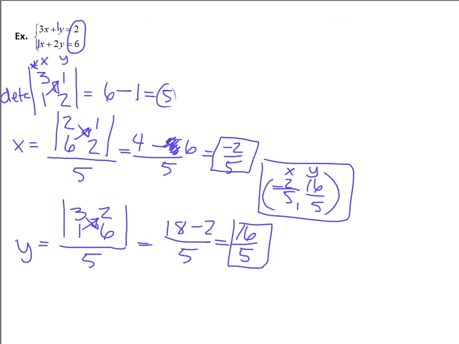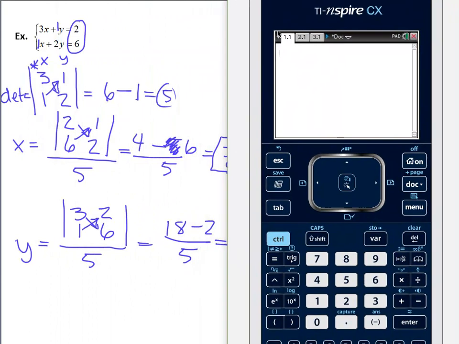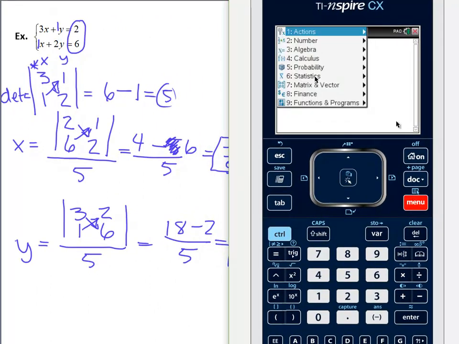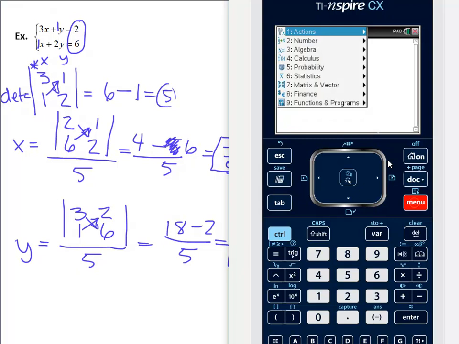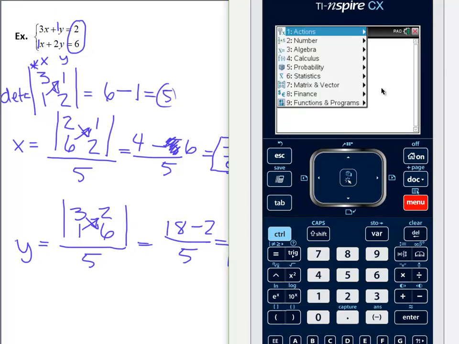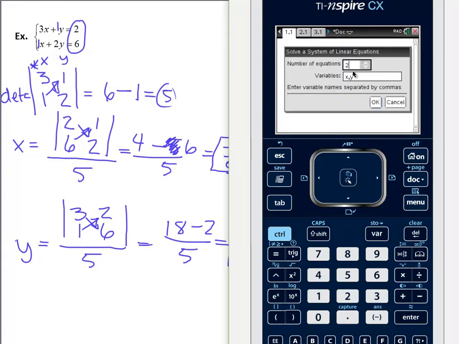Okay, so let's say I wanted to check this system with my calculator. You can do this in the scratch pad. I just started a document and added a calculator page. Remember that we can go to menu in the calculator part, under algebra, solve system of linear equations.